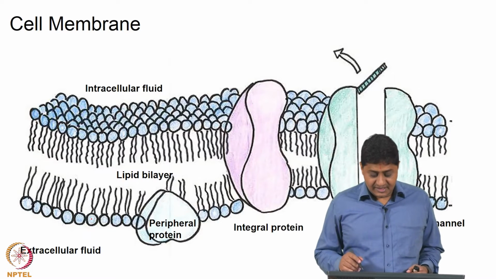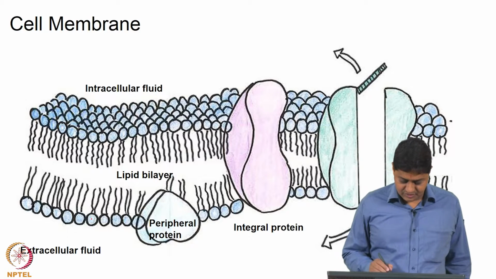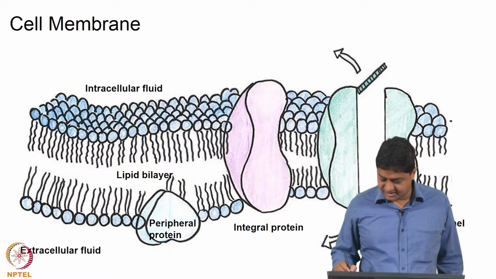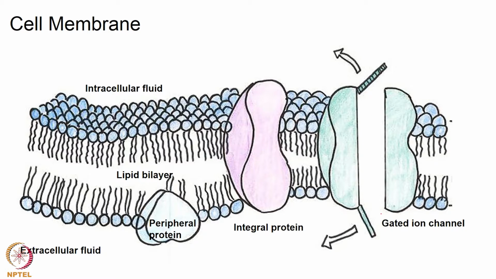So, let us remember the case of the cell membrane. There are multiple channels. There are some integral proteins, there are some gated ion channels such as this one, and this might be voltage gated, or ligand gated, temperature sensitive, mechanically sensitive, or chemically sensitive. So, these are receptors, channels that open in response to a particular kind of stimulus.